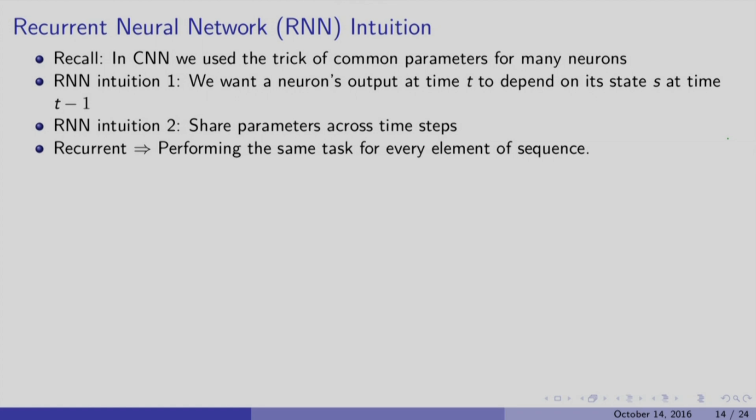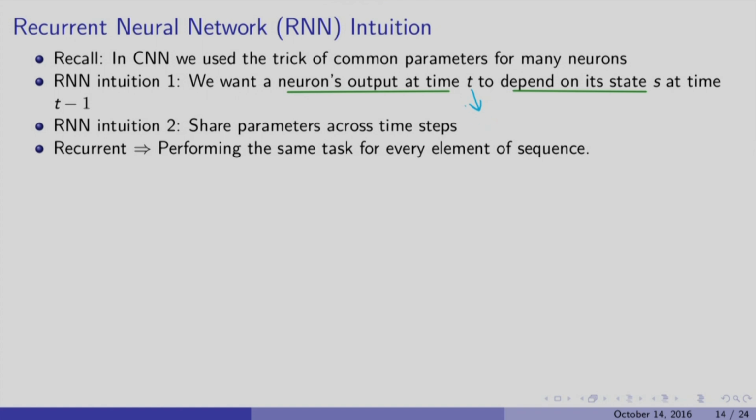We want a neuron's input at any time step to depend on its state s at time t minus 1. Now I must mention that time here is only one possible instance of the sequence.